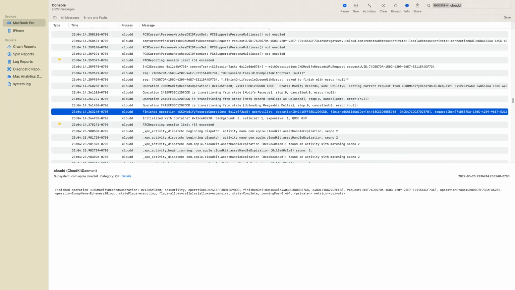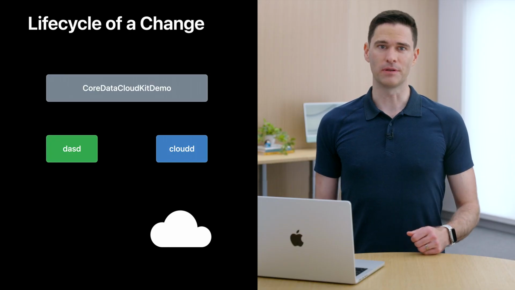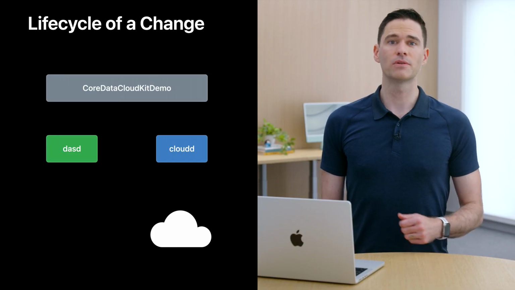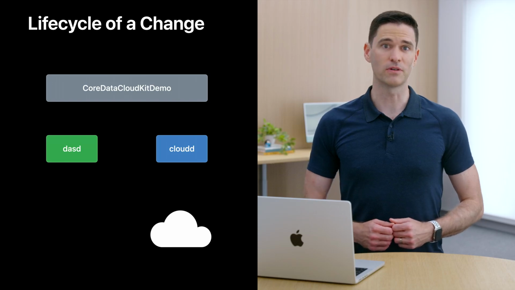Finally, the process CloudD logs information from CloudKit, and I like to filter these logs by the container identifier that I'm working with. Here, I've selected the corresponding modify records operation for the export I mentioned earlier. When changes are imported on a receiving device, there is one additional process to observe.